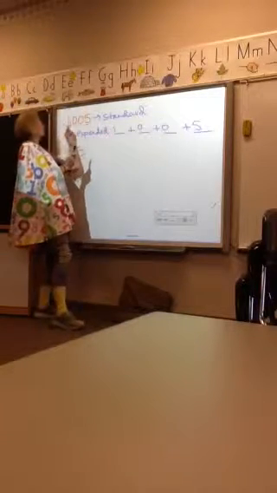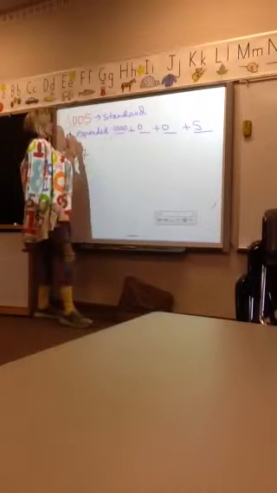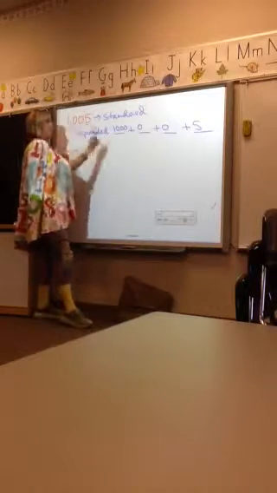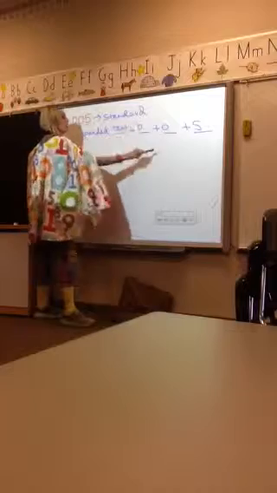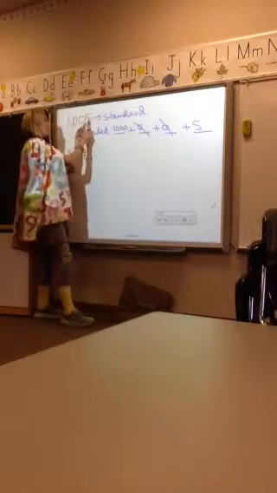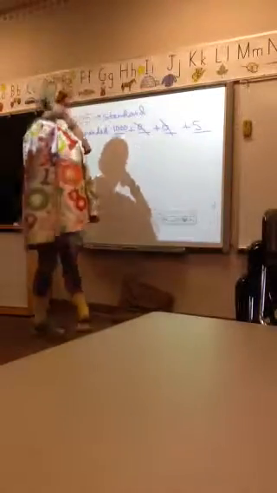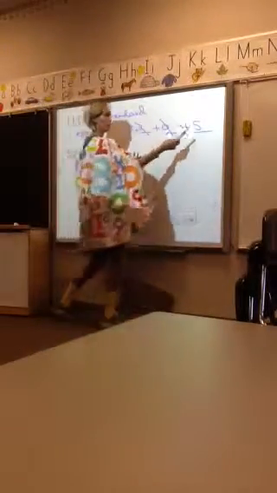So 1 is worth what here? 1,000, because it's in the thousands spot. The 0, well that's a 0. Thrown away. It's not worth anything. And the 5, that's 5 ones. If you forget what place it's in, look up the place value chart. That's 5 ones, $5 bills.